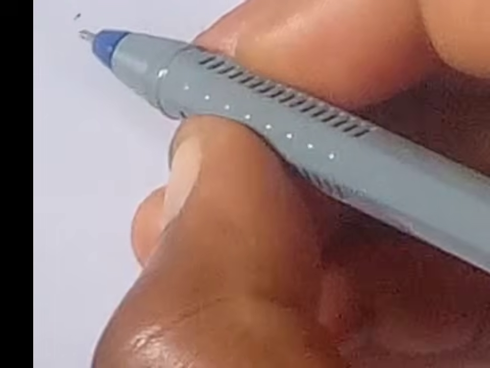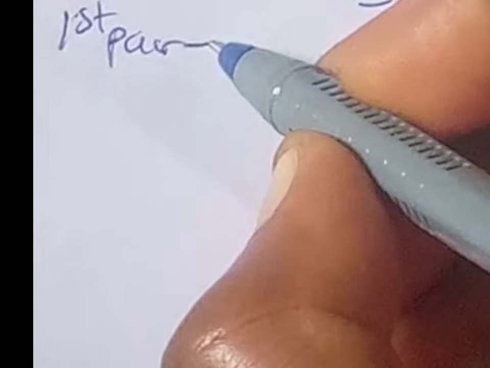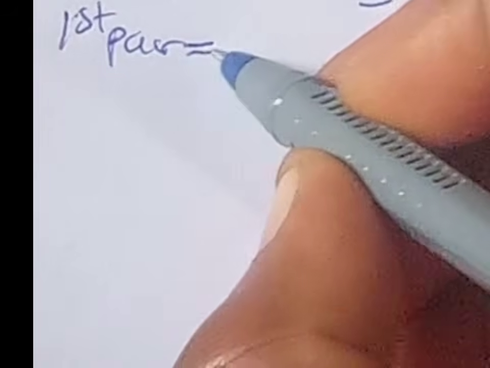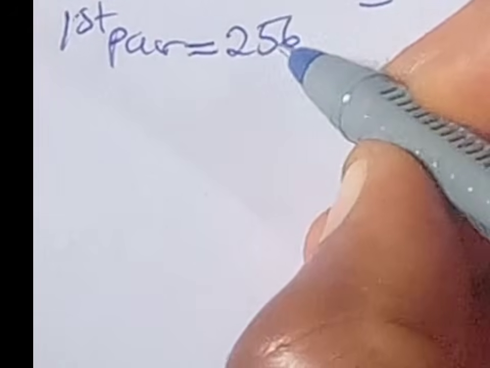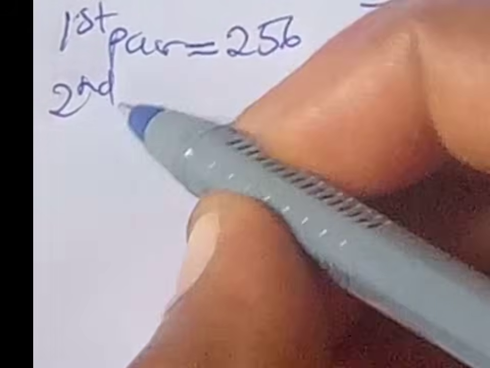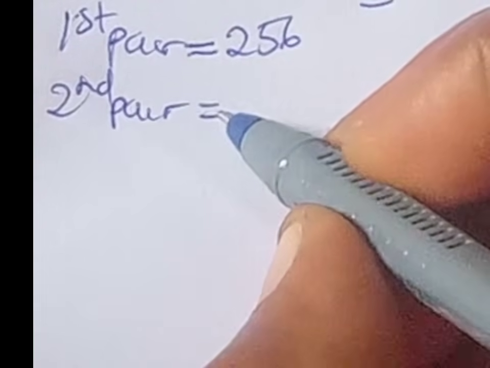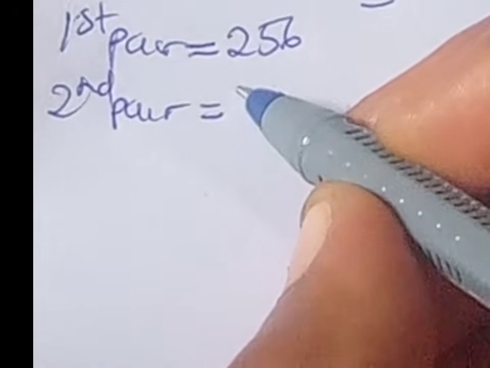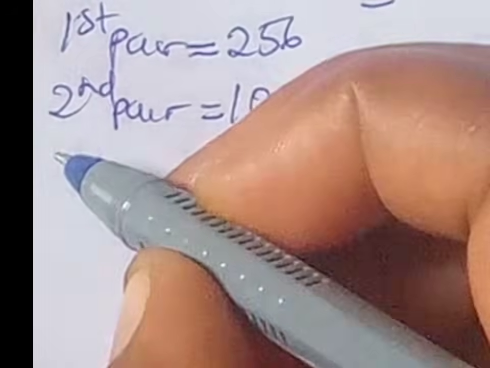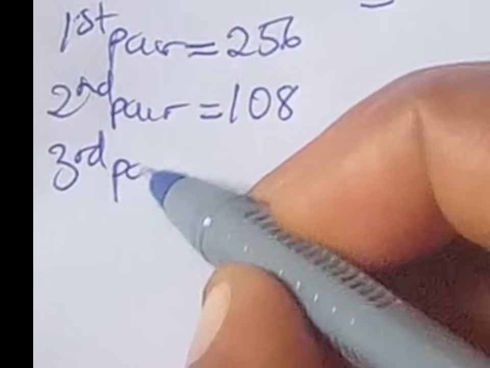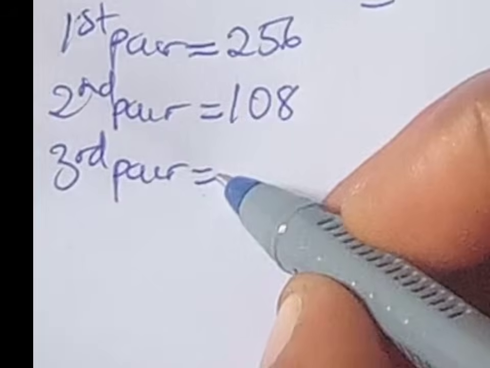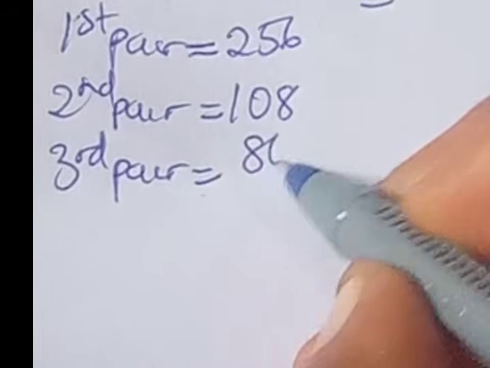In summary, our first pair gave us x plus y equals 256. Our second pair gave us x plus y equals 108. Our third pair gave us x plus y equals 80.